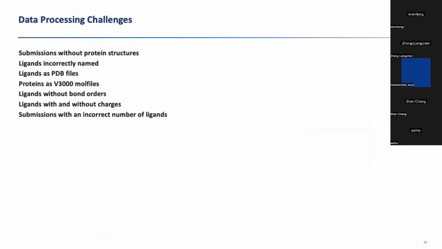This is the first time CASP has done a ligand challenge. It was a brand new format, and not everyone completely grokked that format. So we got submissions that didn't have protein structures. It's kind of difficult to figure out the pose if we don't have the protein structure there.